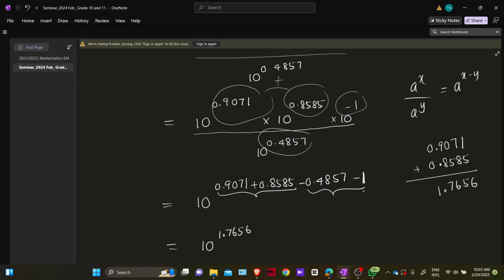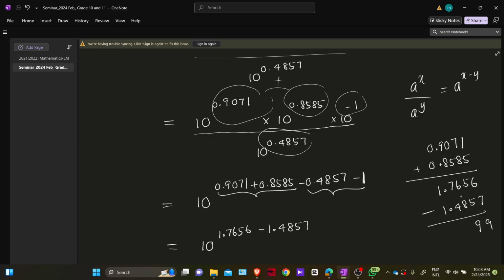What can you say about these two? That will be negative 1.4857, right? So I can do the subtraction. This will be 9. This will be 4. Then 14 minus 5. That will be again 9.